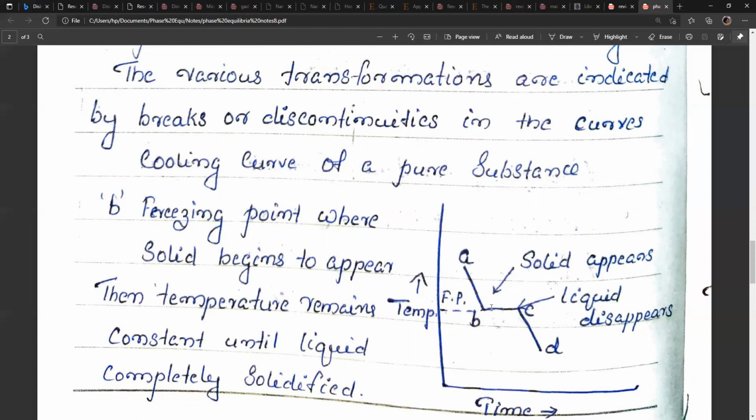After that, the temperature remains constant for some time, till all the liquid gets solidified, and then only the temperature drops in the cooling curve. And this is the cooling curve of a pure substance.